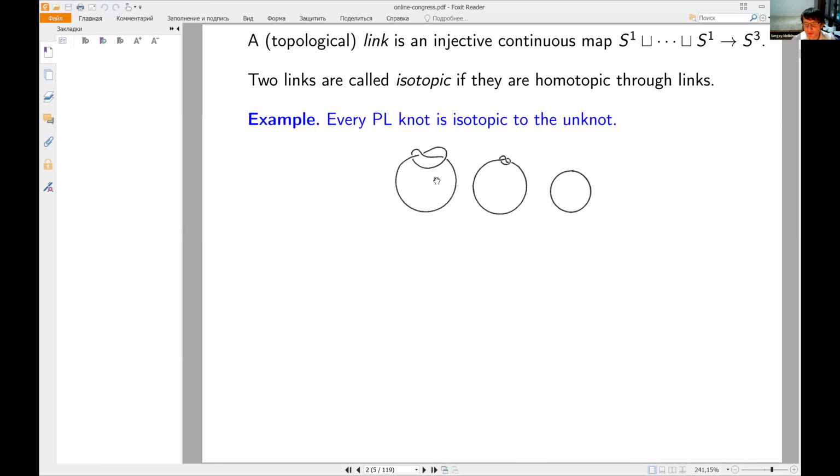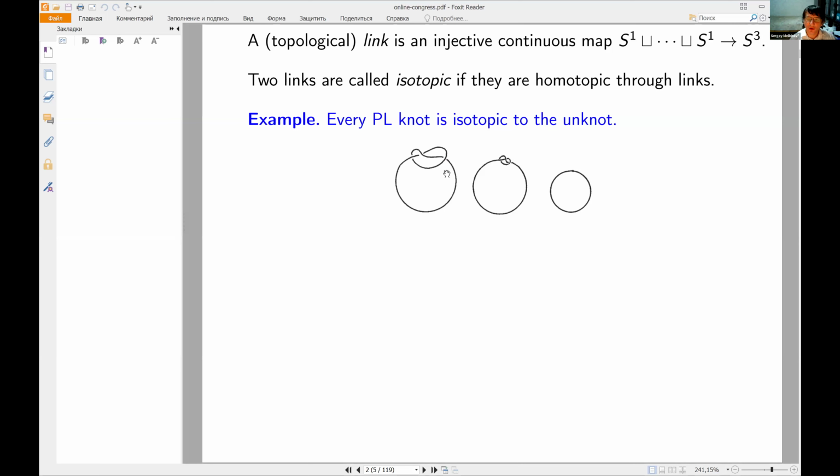And here is a picture for the trefoil. You can imagine that you tie it on a rope, and then you pull the rope in opposite directions so that the trefoil becomes smaller and smaller and eventually goes to a point. It's not that you collapse it together with the space which surrounds it.